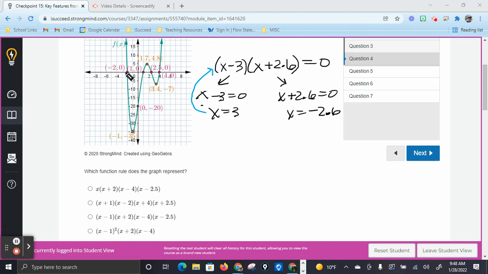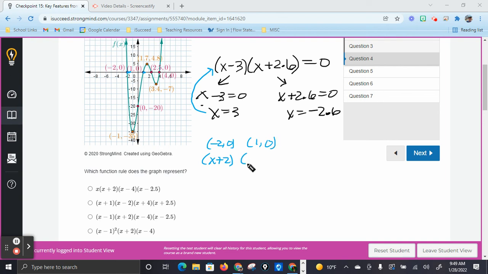So let's look at the first x-intercept. It's going to be at -2. So I'm looking for a factor to be x plus 2. So -2, 0 turns into a factor of x plus 2. And then I have another x-intercept right here would be at 1, 0.